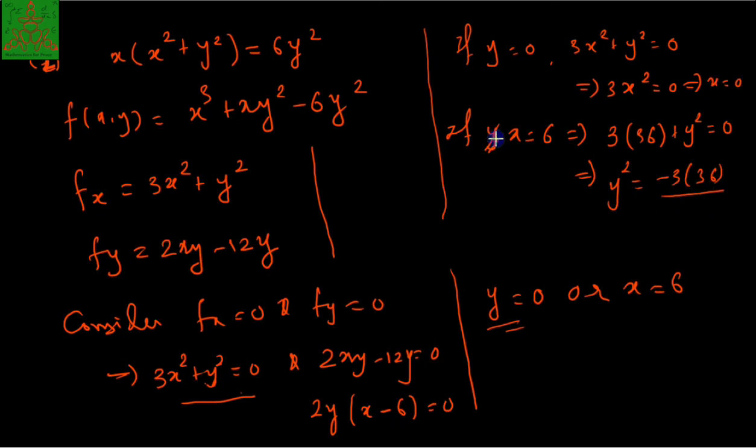The only possible double point is (0, 0), and (0, 0) lies on this curve. Hence we can write that (0, 0) is a double point. Now which type of double point it is, that we need to calculate.